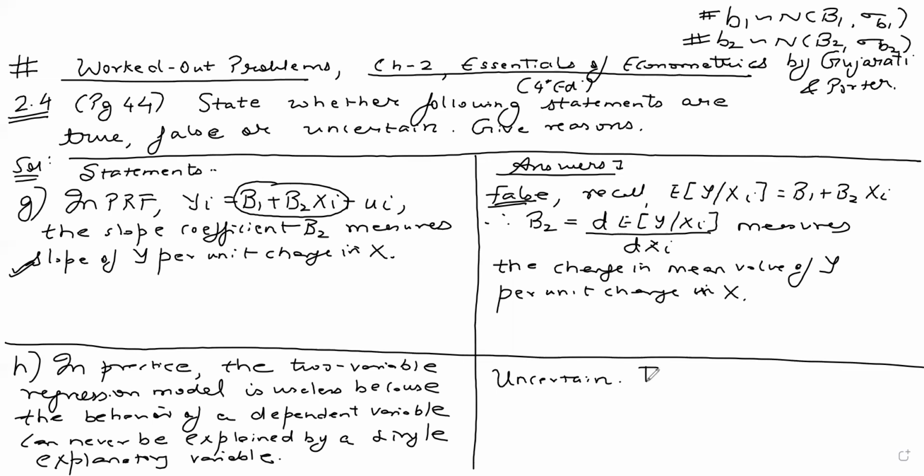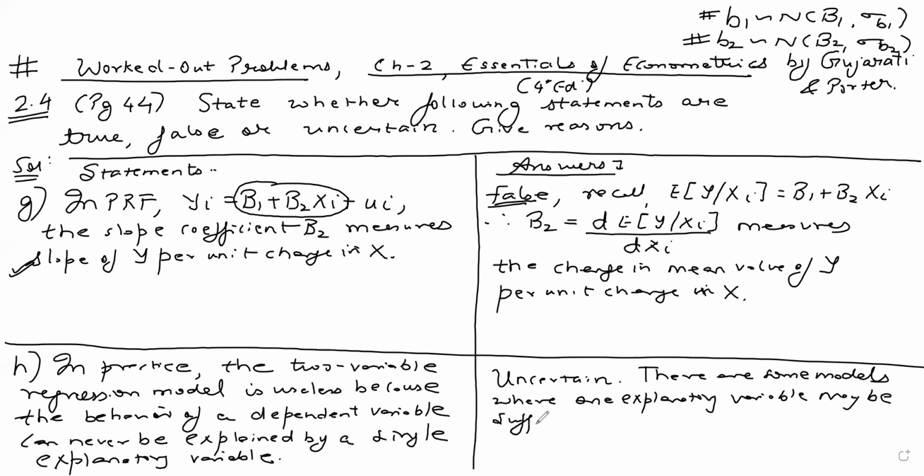So I can write: there are some models where one explanatory variable may be sufficient in explaining the variations in the dependent variable.